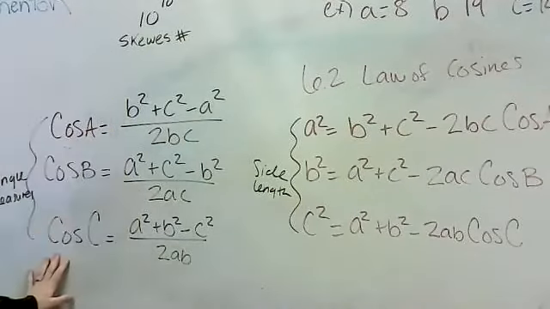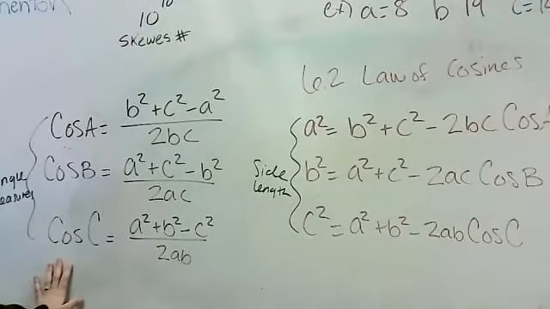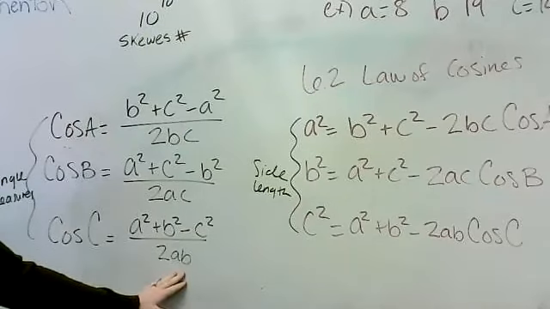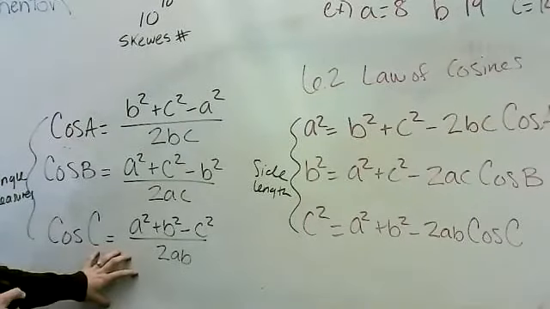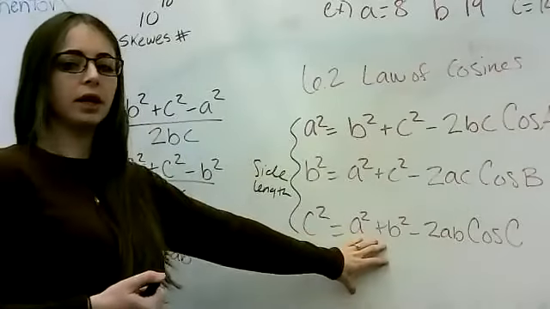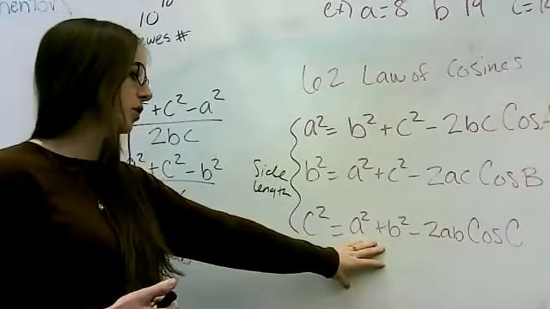When we're coming over here to these formulas, these are all being used if you need to know an angle measure. Specifically, you don't have to know a single angle measure to use any of these formulas. They're based solely on the side lengths here. You can get these formulas just by manipulating and putting in terms of the cosine.